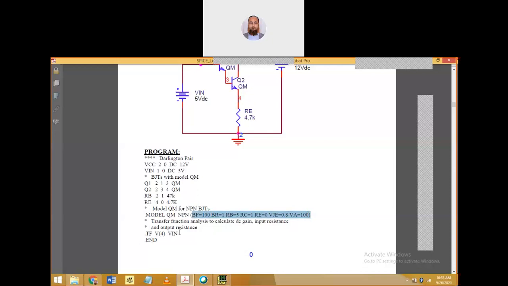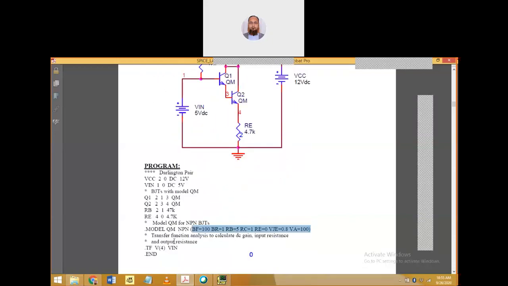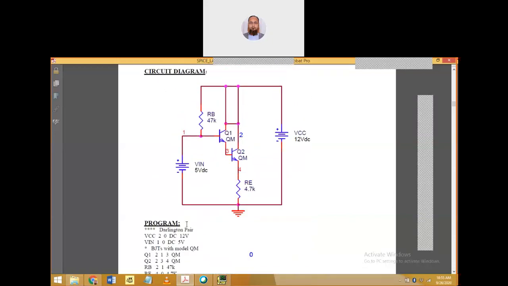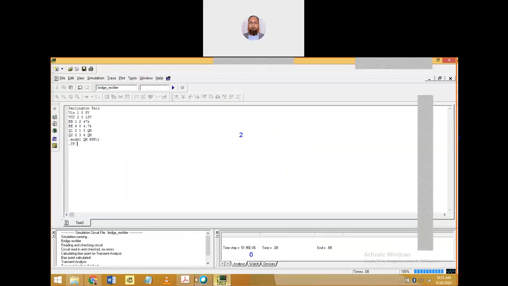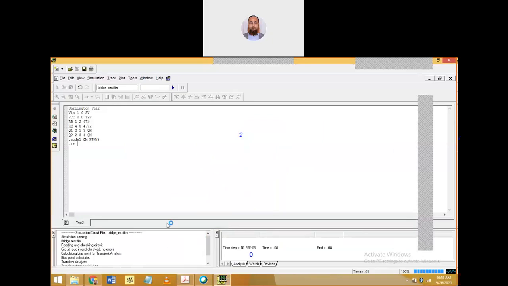We can do the AC analysis also, we'll do it after some time as well. So what is this V4? We want to check the transfer analysis, like this point is V4 and V1. How the input transfers to the output is decided by it. I'll explain what the theory behind it is. So .TF V4 V1.